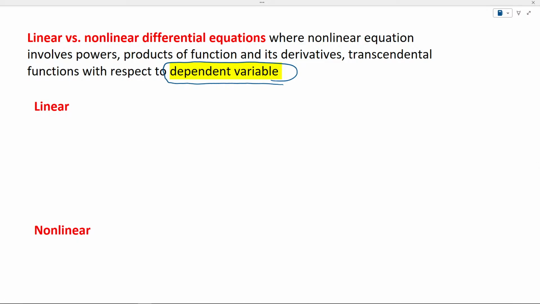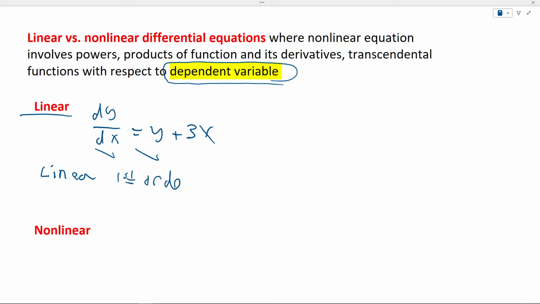A linear one: dy with respect to dx is equal to y plus 3x. So y here is to the power what? It's to the power 1. So this is linear. This is a linear first order ODE.